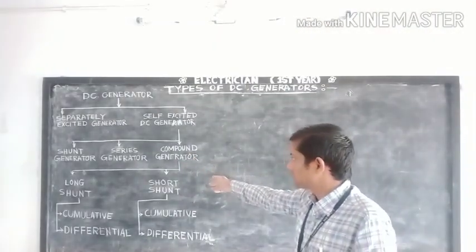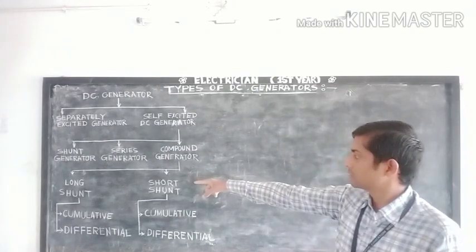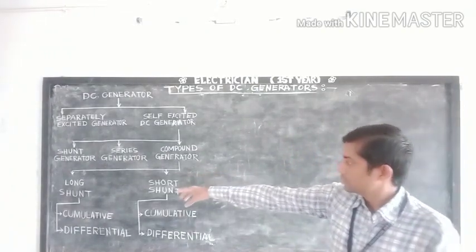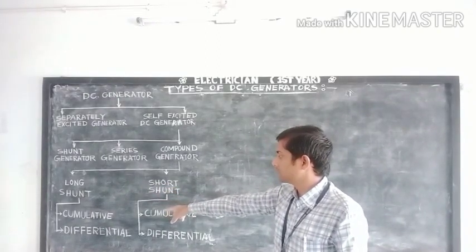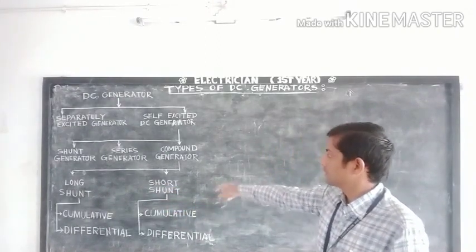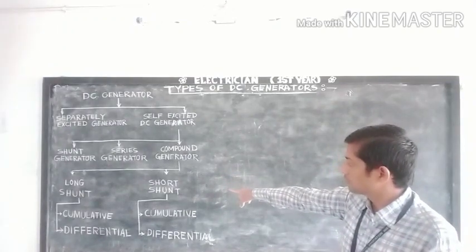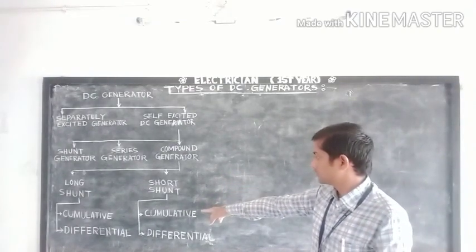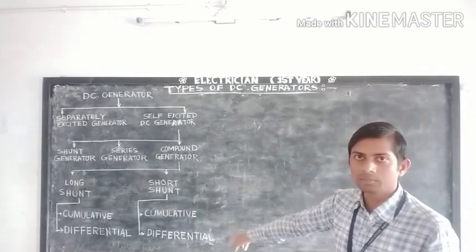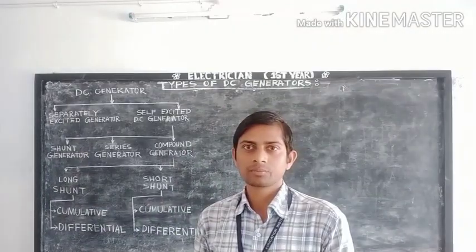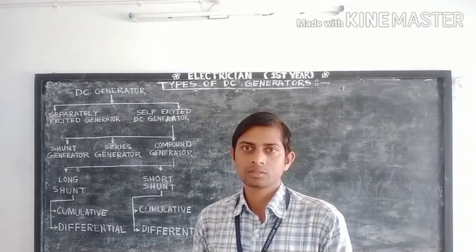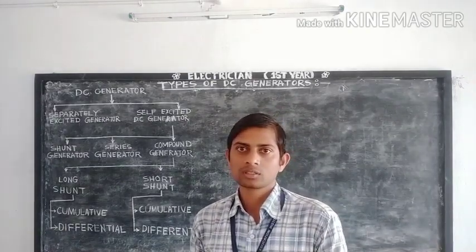These compound generators are further classified as long shunt and short shunt. These long shunt generators are further classified as cumulative and differential, and these short shunt also further classified as cumulative and differential. Now I am going to discuss in brief all these types of DC generator with circuit diagram.